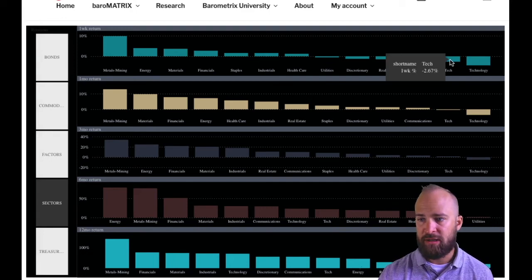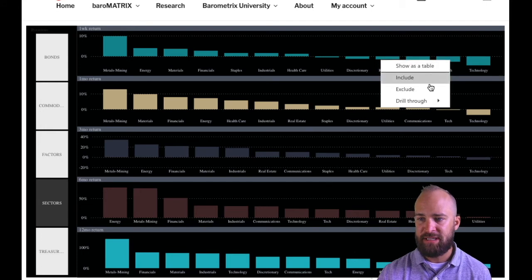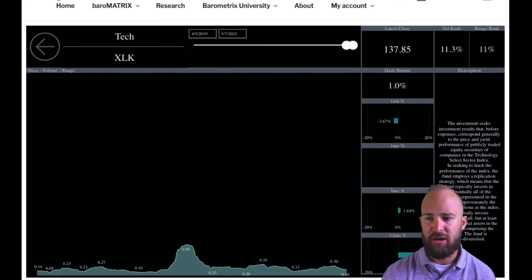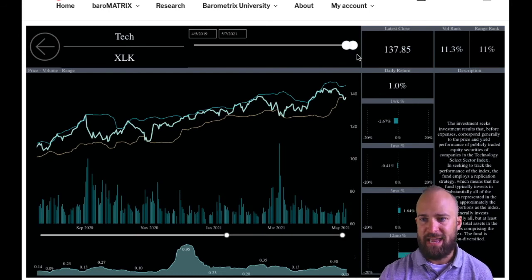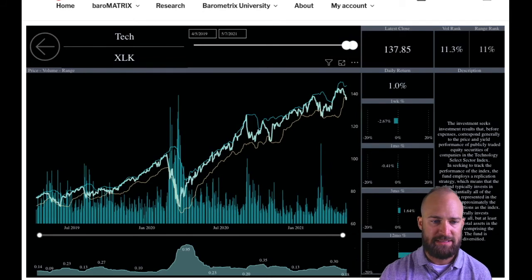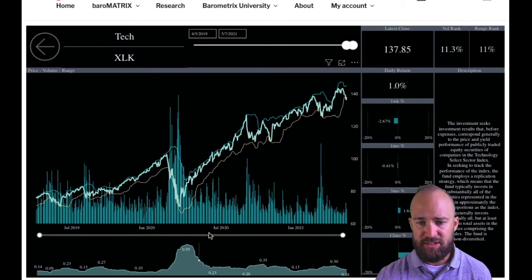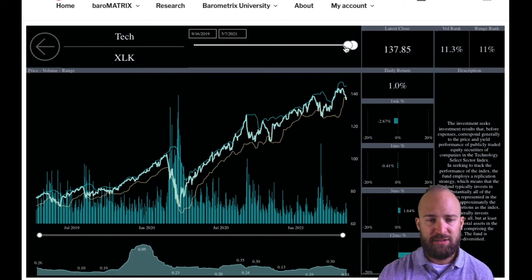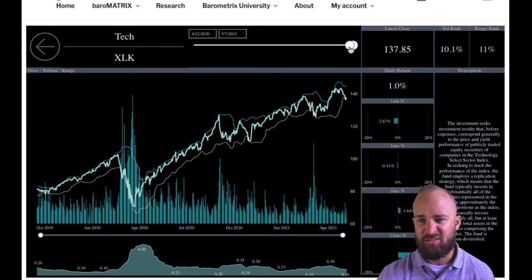And let's take a quick closer look at technology there. Control click, go to drill through, will take us to the chart. Looking at XLK here, which is one way to measure the technology market. This is the Select Sector SPDR Technology ETF. We can see technology has done really well since the coronavirus lows, but the last several months it's really just kind of consolidated and corrected even.